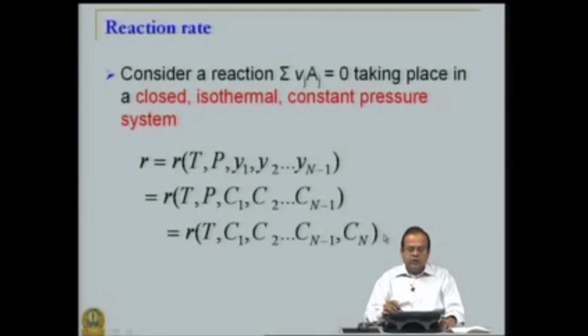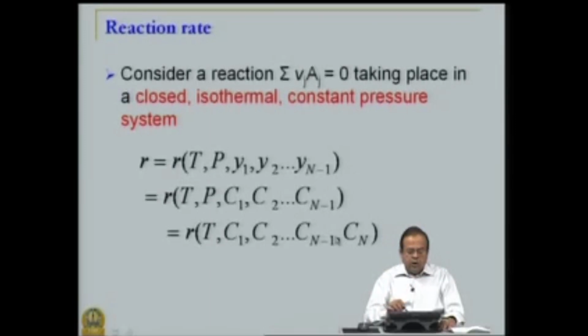It is this last form which is quite common, particularly for reactions involving liquid solutions. For gases, the first expression is more common, either in terms of mole fractions or partial pressures, because partial pressure is nothing but mole fraction into total pressure. So, any one of those forms.